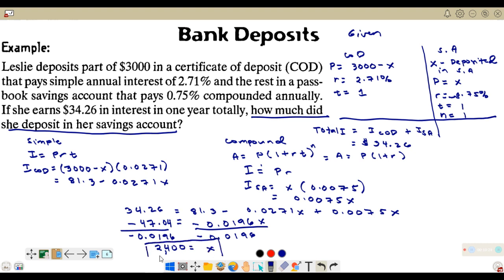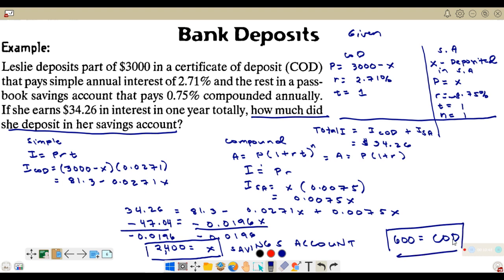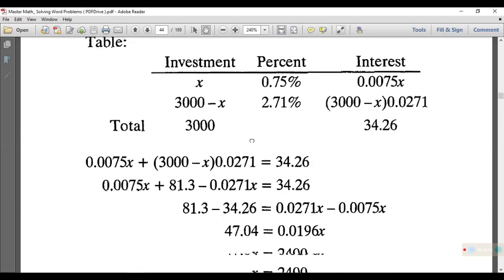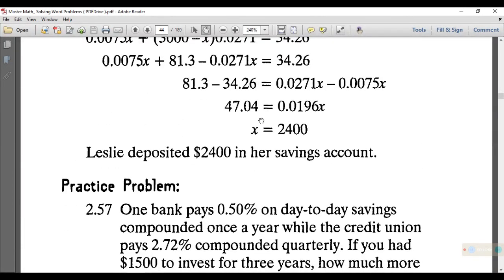So we actually deposited 2,400 in the savings account, which compounds annually, and the remaining 600, although hindi siya tinatanong, ay para sa COD. Okay? So this is going to be our answer. If you are going to rely on the book that we have, you can see that ayun, you will end up with the same value.